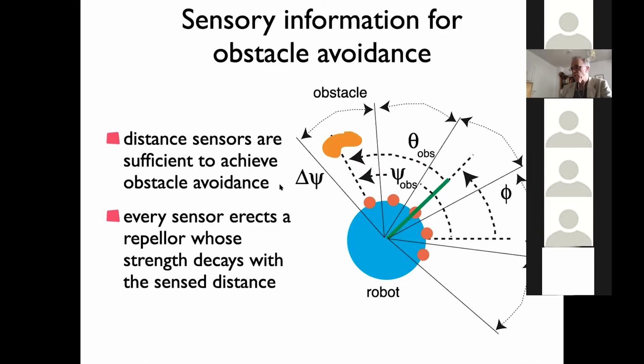So the approach that was actually realized here is an approach in which sensory information is very directly coupled into the behavioral dynamics. So what we do is that every sensor on that vehicle essentially votes for an obstacle in the direction in which it is pointing in the world, the psi-ops, and the force that it contributes is the stronger, the shorter the measured distance.